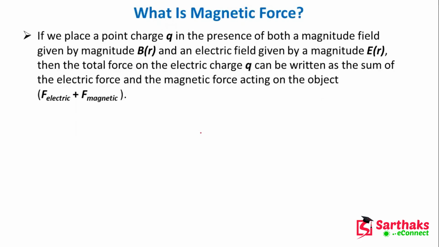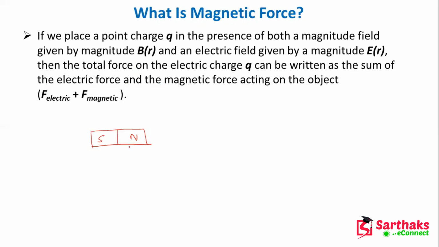It's magnetic force. We have seen in the earlier picture, that is magnetic force. Here the South pole and North pole are there. So suppose we place a point charge Q in the presence of a magnetic field.